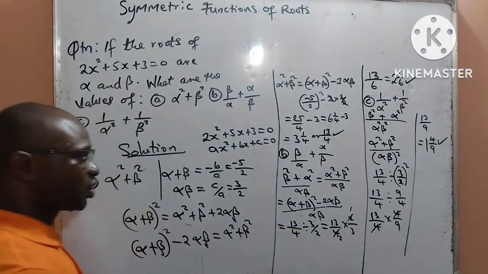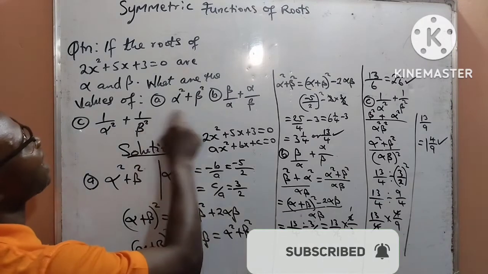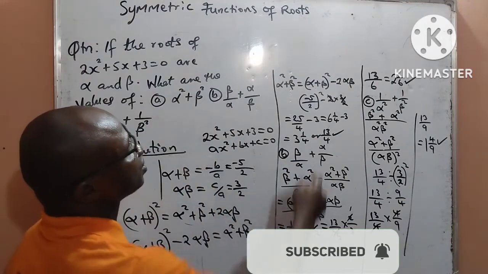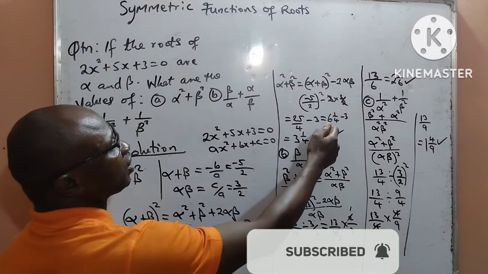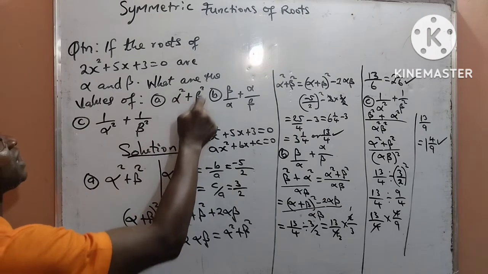Final answer. So in conclusion to this class today, our 3 questions are already solved. In question A, our answer is 3 whole number 1 over 4 or 13 all over 4, and that is the solution to alpha squared plus beta squared.